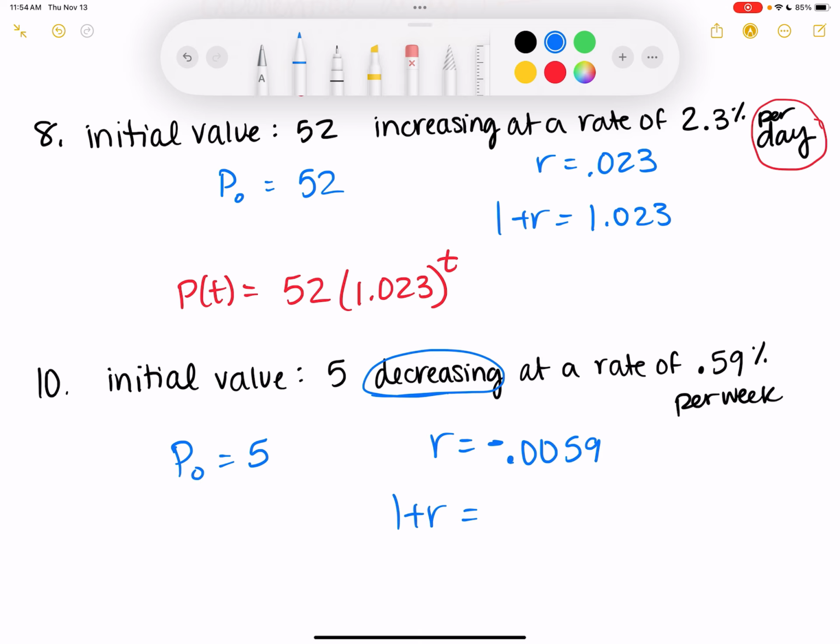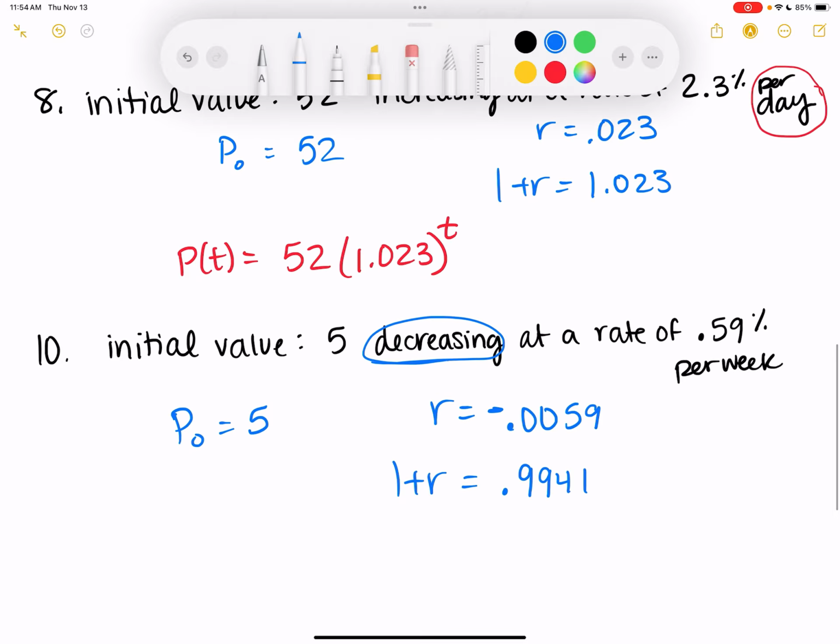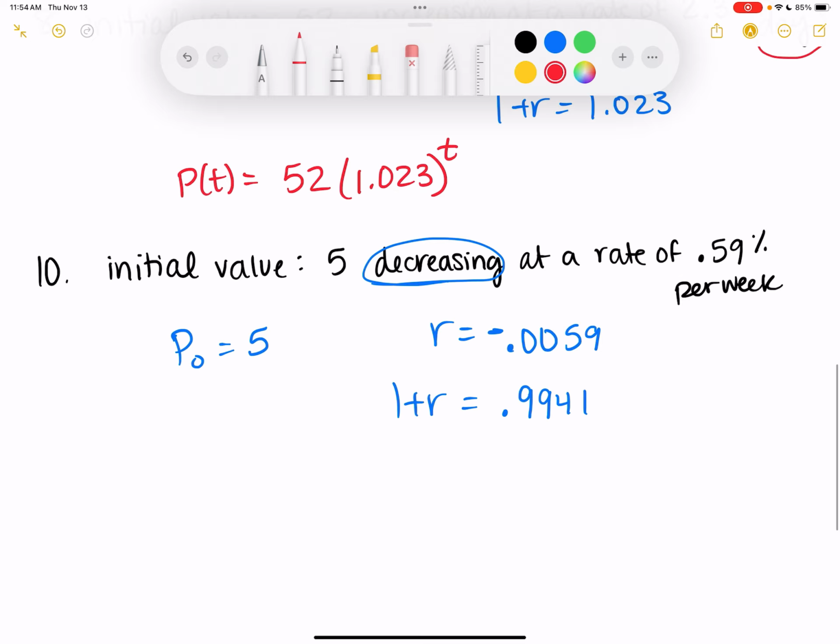So that's going to end up giving me 0.9941. So my equation then, P of T is equal to 5 times 0.9941 raised to the T.